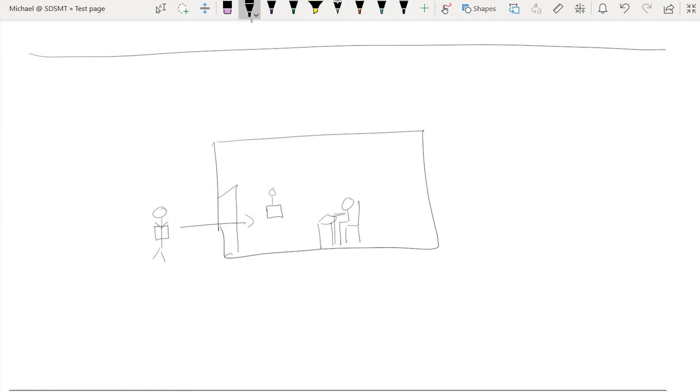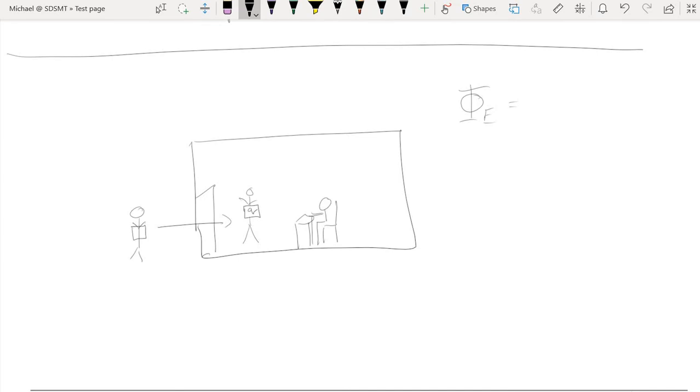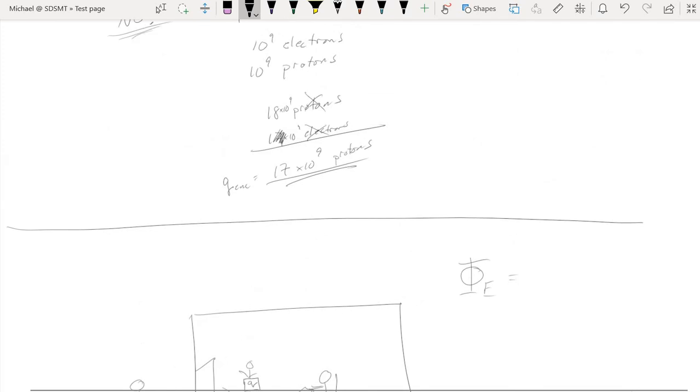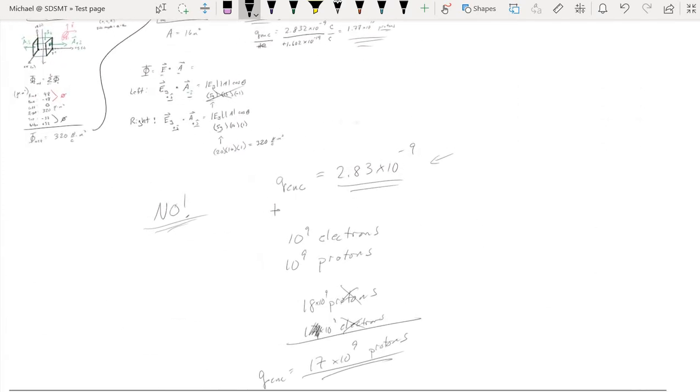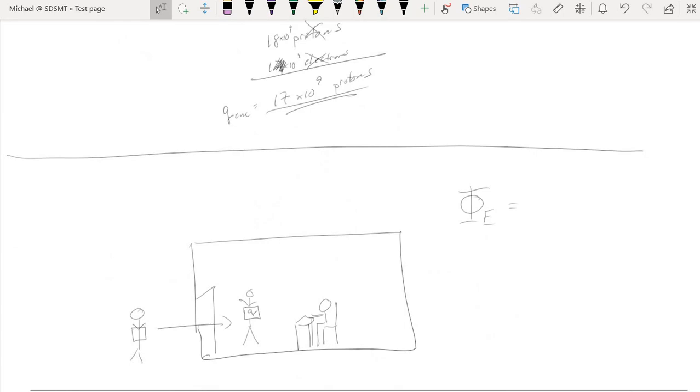As your professor enters the room with this box of charge, you find out that the electric flux for your classroom now has a value of, let's see what a realistic value might be, we'll say 500 newtons per coulomb meters squared.